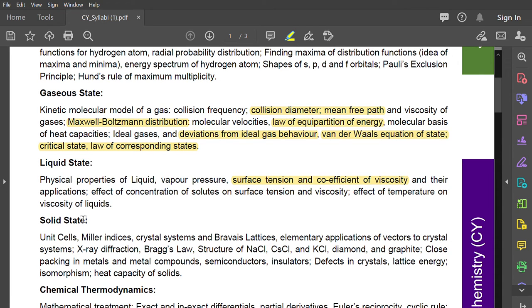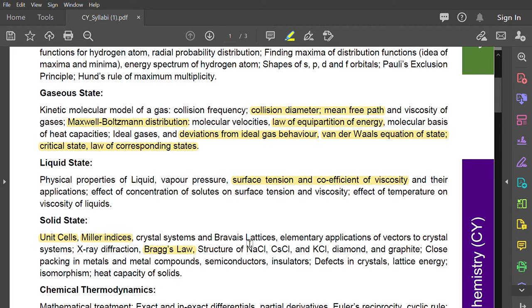About the solid state, I would like to say types of unit cell, how many Bravais lattices, finding the Miller indices, these kinds of things. Sums on Bragg's law.